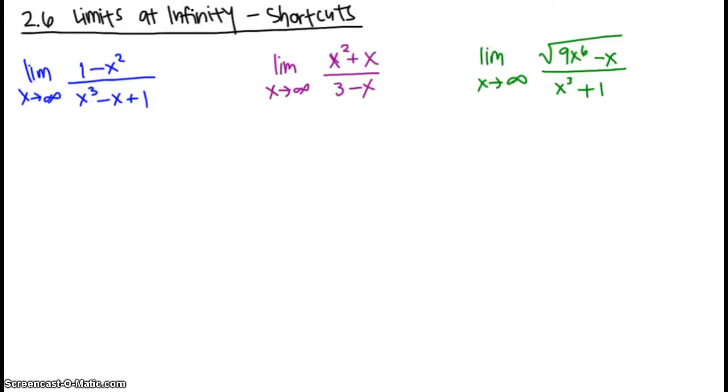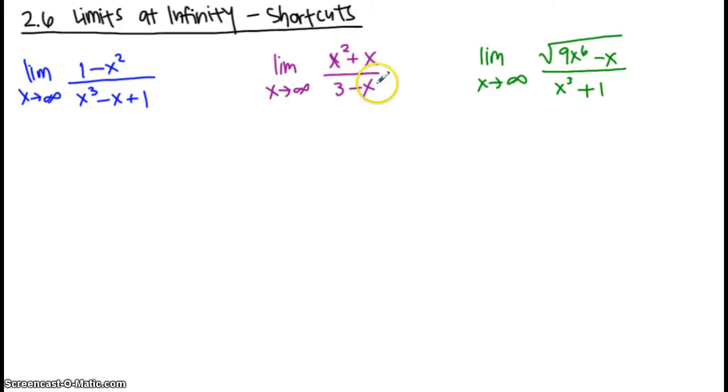In this case, we have 3 examples, and I'm going to note the difference between these 3 right now. In the first rational function, we have the numerator with an x squared on top, a denominator with x cubed on top. So the numerator's degree is lower than the denominator's highest degree. In the second one, the numerator's degree is higher than the denominator's degree.